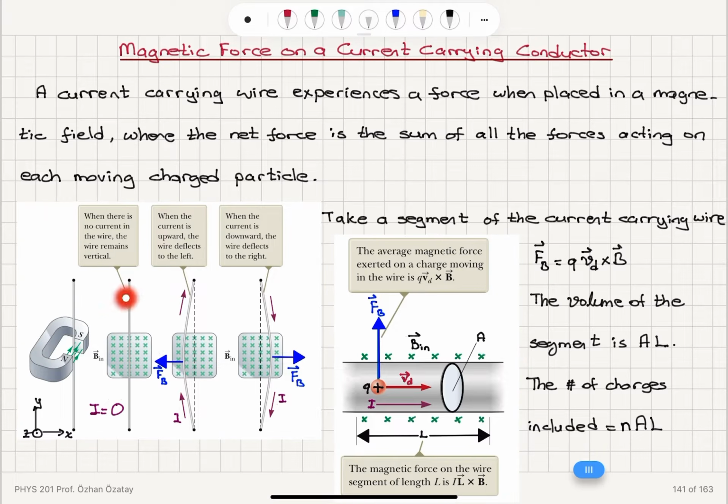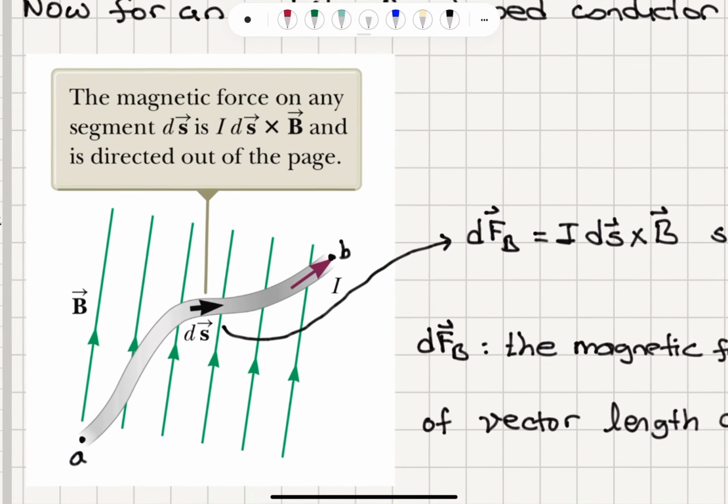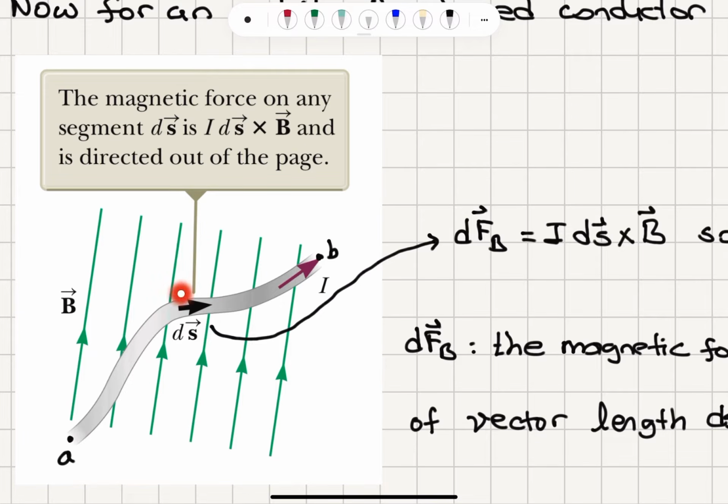Now, if this is not a straight wire like this, if it's an arbitrarily shaped conductor, what would happen? If you look at any small segment of this wire, you can say approximately this is a straight wire in this region. So for that region, the force acting on it will be I, instead of L cross B, the length of this section, ds cross B. From A to B, if I integrate all the forces acting on this, then I will find the net force acting on this conductor.